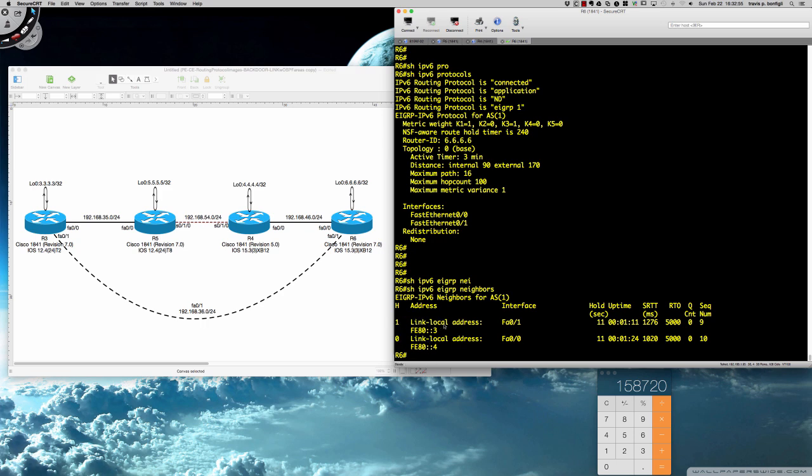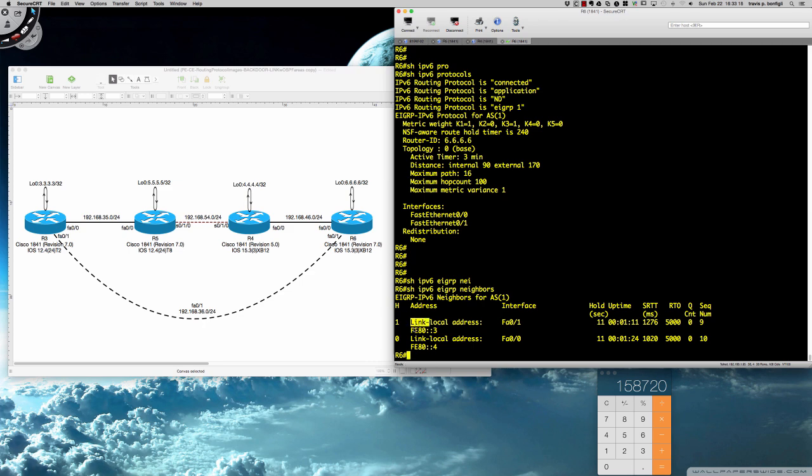However, when we display them with the show IPv6 EIGRP neighbors command, it puts the most recently learned entry on top of the older entry, right? So hopefully that's clear. Hopefully I was able to articulate that.